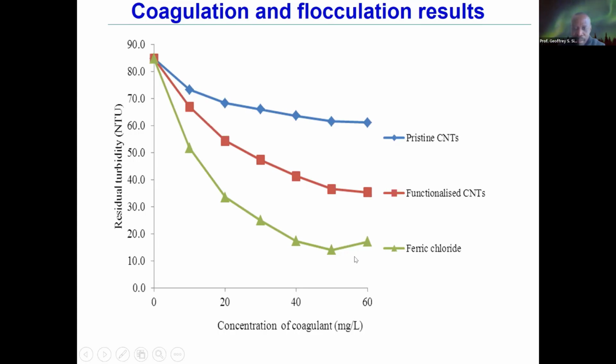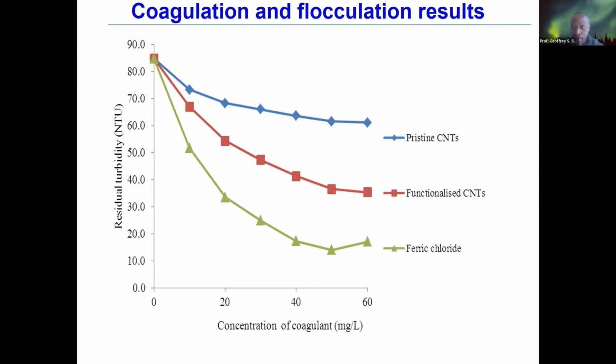some of the mechanisms that are there include sweep flocculation, because of the colloids. Ferric chloride produces hydroxides that might have precipitated, such that as they settled down, they carried with them these colloidal materials.